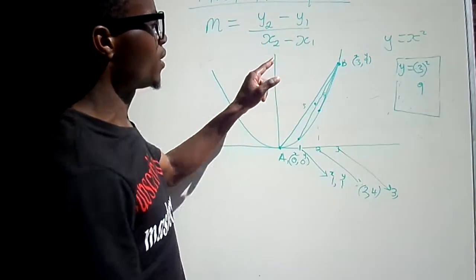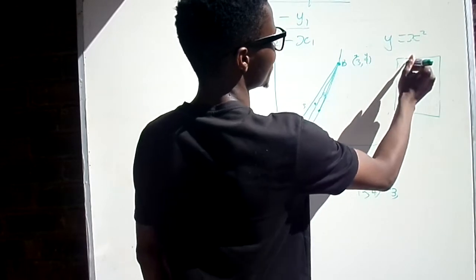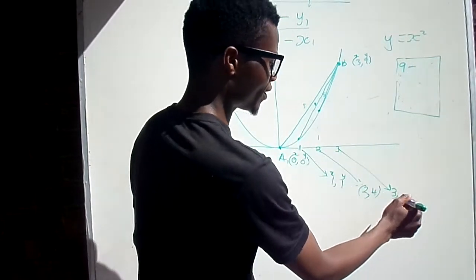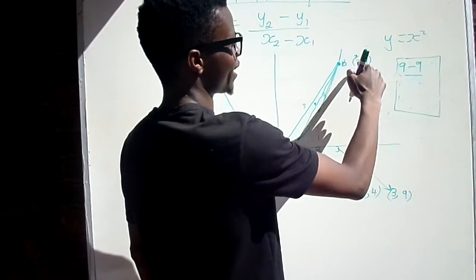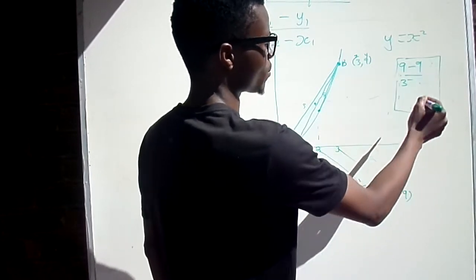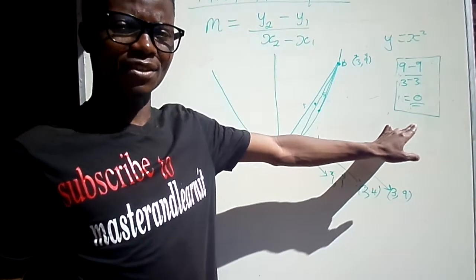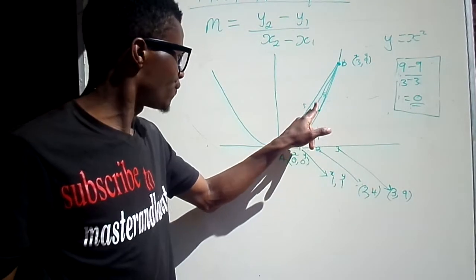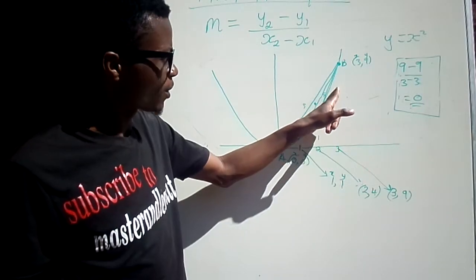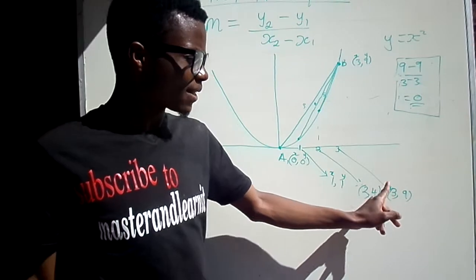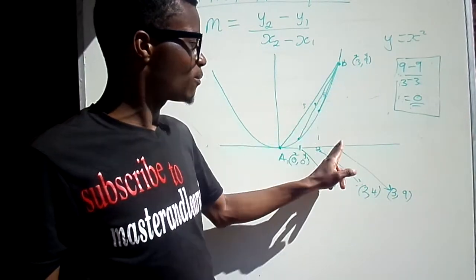So substituting our coordinates, y2 is 9 minus y1, which is 9, over x2 is 3 minus x1 is 3, which gives us 0. So this doesn't make sense, because here we had 3, 4, 5, so we cannot just say the gradient is 0. What can we conclude? We cannot substitute the x value at the point B because this is the same coordinate.